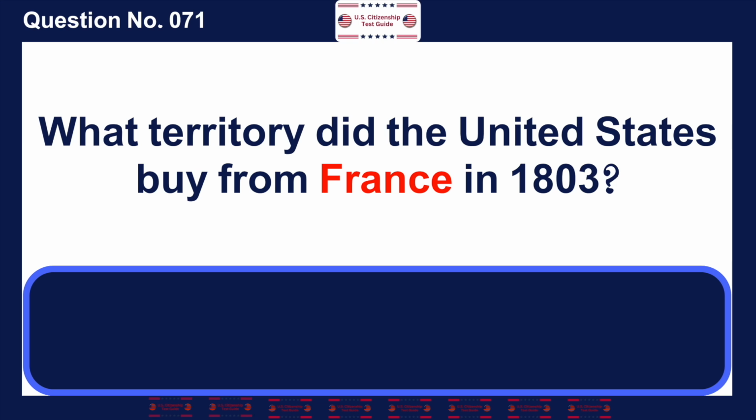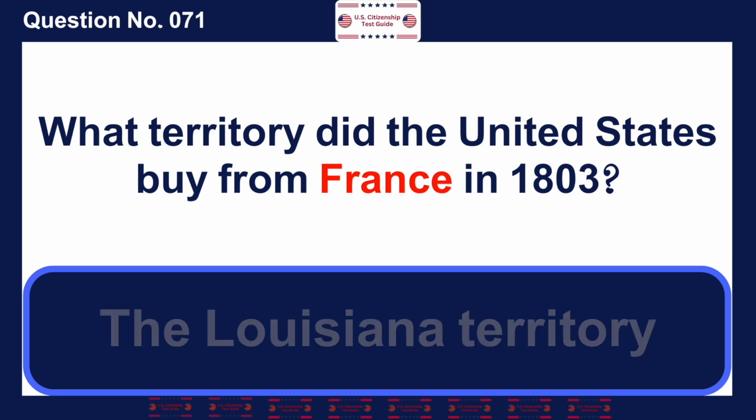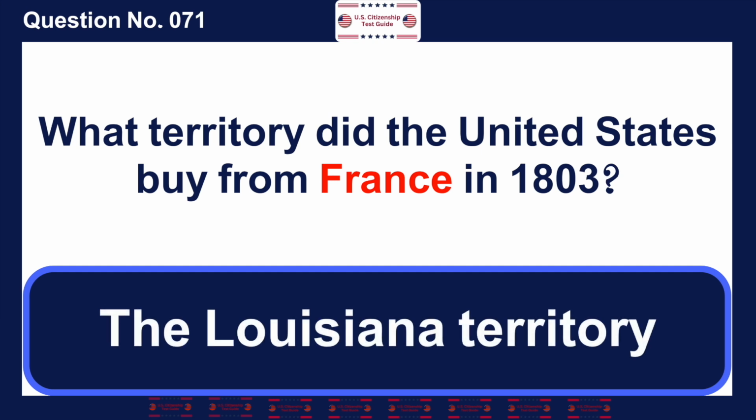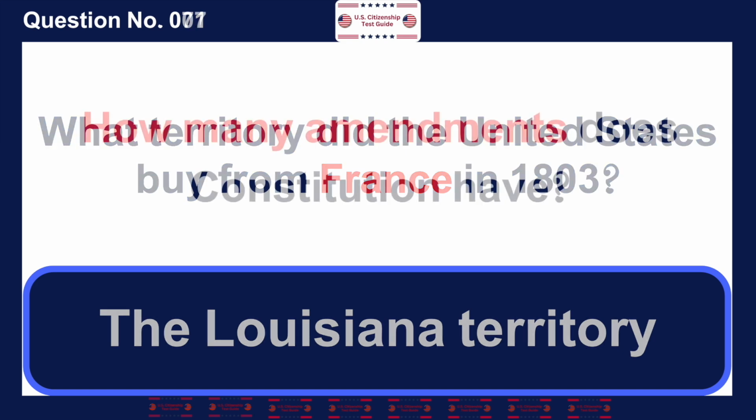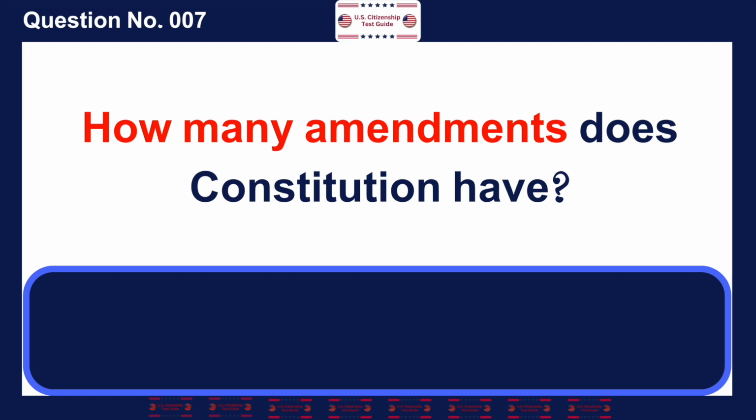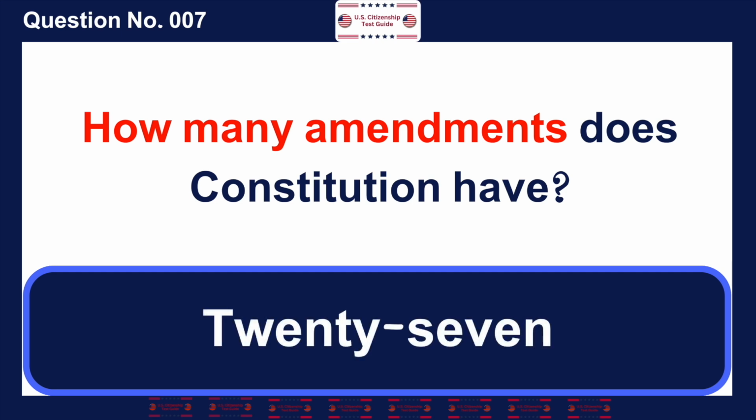What territory did the United States buy from France in 1803? The Louisiana Territory. How many amendments does the Constitution have? 27.